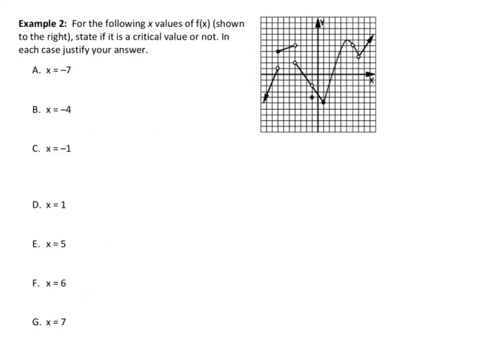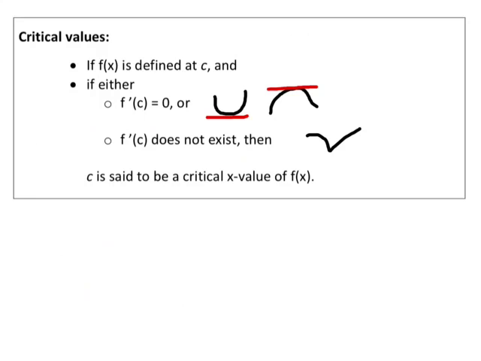So let's take a look. -7. So where's -7? -7 is about right here. There's -7 on my graph. Is this a critical value? Well, again, let's recall our rules. So the function needs to be defined at f of x, and the derivative is either 0 or the derivative does not exist.